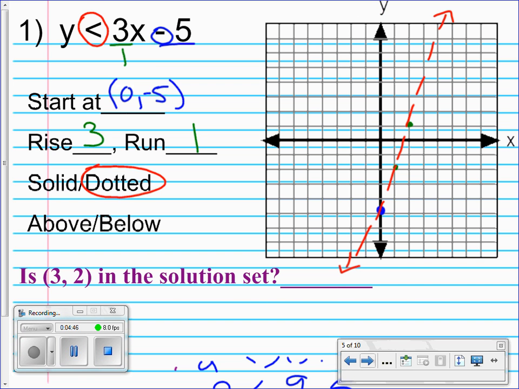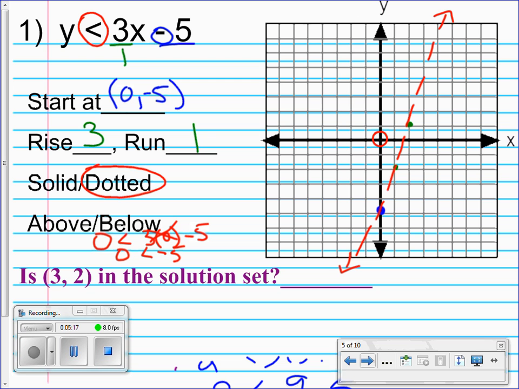And the way I always determine if it's above or below is by checking a point. We can check the point 0, 0. If I plug 0, 0 into the equation, 0 less than 3 times 0 minus 5 means that 0 is less than negative 5, because 3 times 0 is 0, so on the right is negative 5.